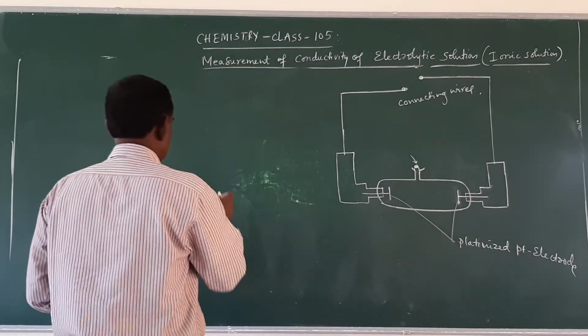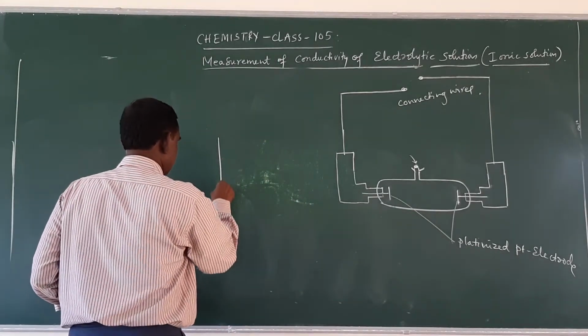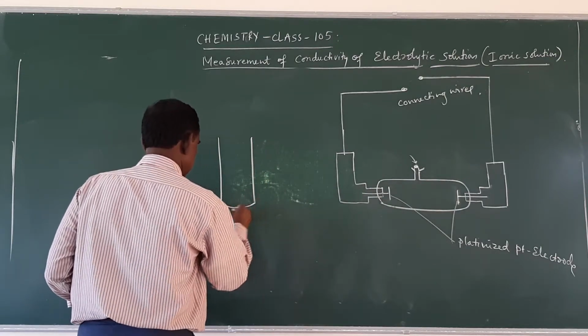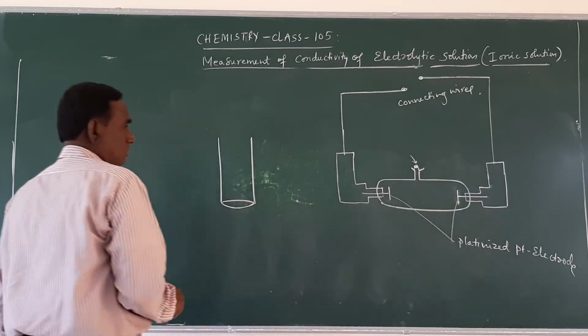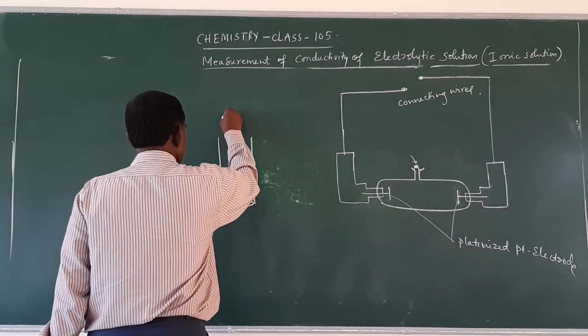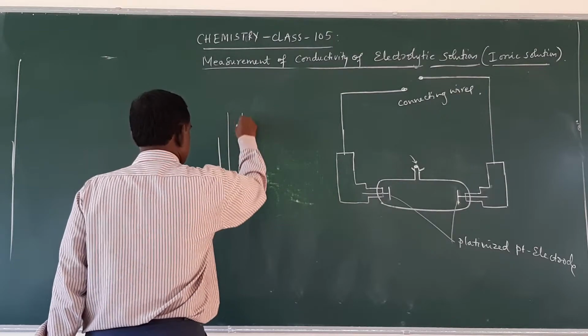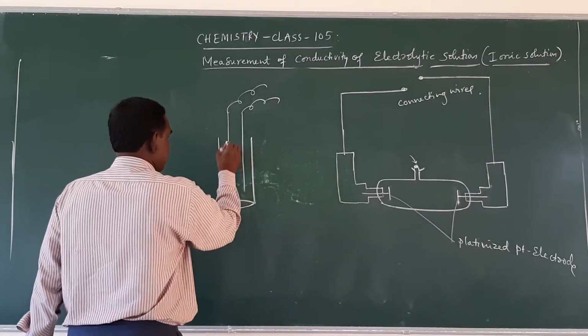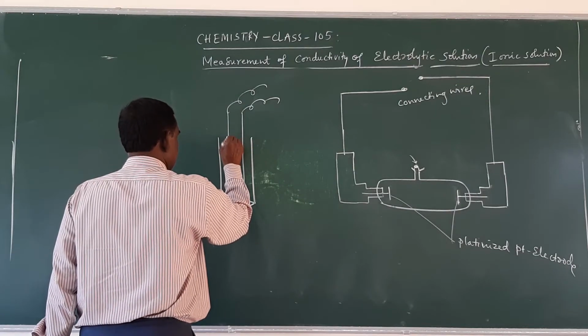If you take another type, a cylindrical vessel type conductivity cell, you can draw it like this. You see, this is another type. These are the connecting wires, which are inserted in a small evacuated glass tube.